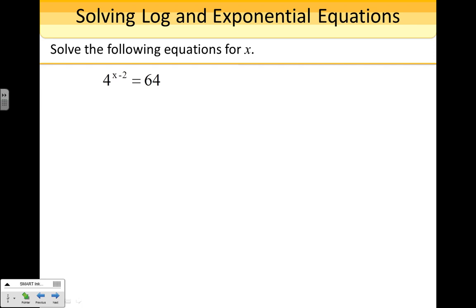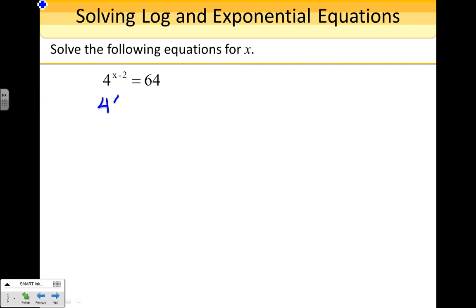We have the following equation, 4 to the x minus 2 equals 64. And these were the types of exponential equations we were solving before. Because these are the most simple type, because you can look at this and say, all right, 4 and 64, I can write both of those numbers with the same base.